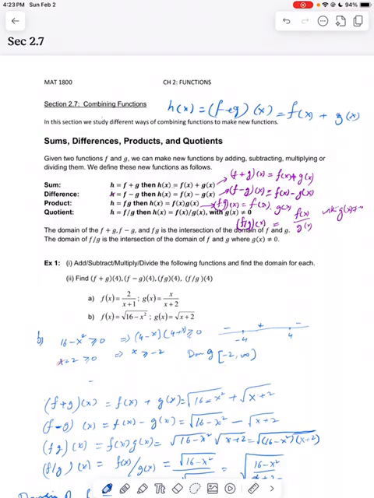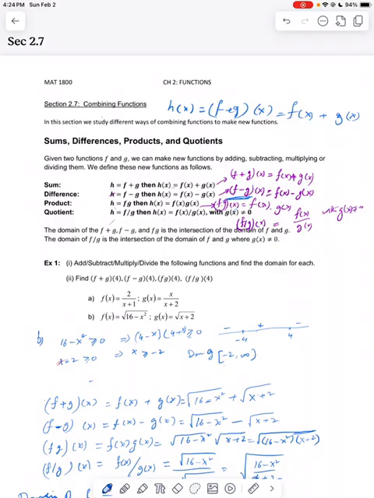In the same way, f minus g of x will be, I have written it in two different ways. One is by calling the function name h, and the other is just directly. So f minus g of x, we write it like this, and we say it is f of x minus g of x.